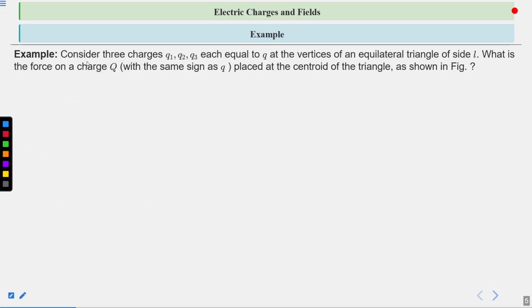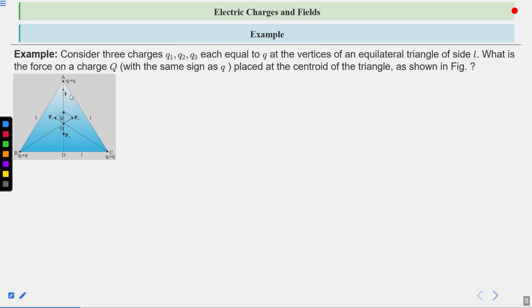Example: consider three charges Q1, Q2 and Q3, each equal to q, at the vertices of an equilateral triangle of side L. What is the force on a charge Q, capital Q, with the same sign as q, placed at the centroid of the triangle as shown in the figure?